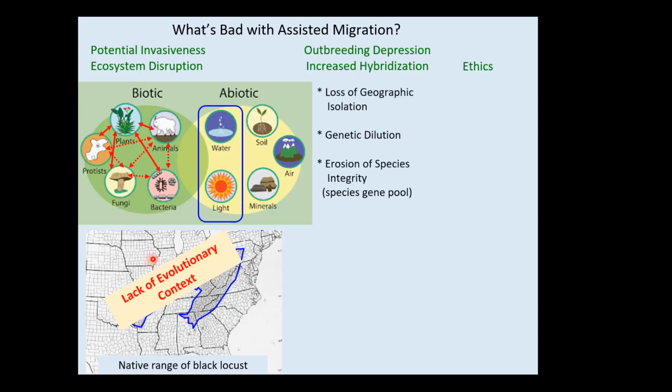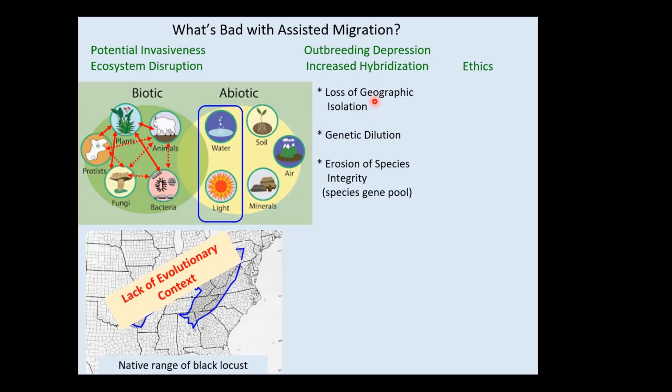Another thing that can happen when you move species this far is you're taking away what could be the geographical isolation that keeps it separate from other species. One of the most important reproductive isolation mechanisms is geographical separation. Individuals of the two species can't get together and mate because they're separated too far by space.